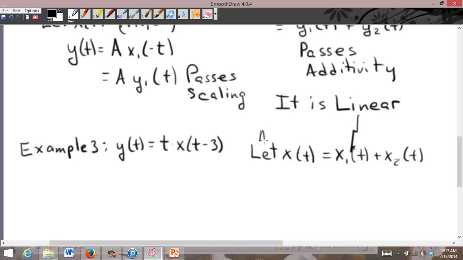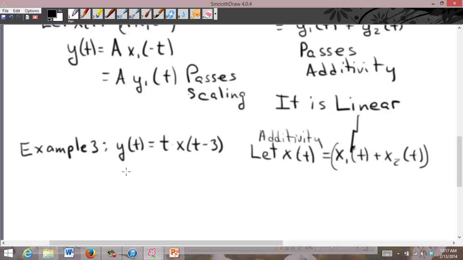I'm going to write additivity up here. Now, again, I place these into the system. Now the system input is x, so everywhere there was an x, I replace it with x1 plus x2. So I have x of t minus 3. So x of t minus 3 is x1 of t minus 3 plus x2 of t minus 3.